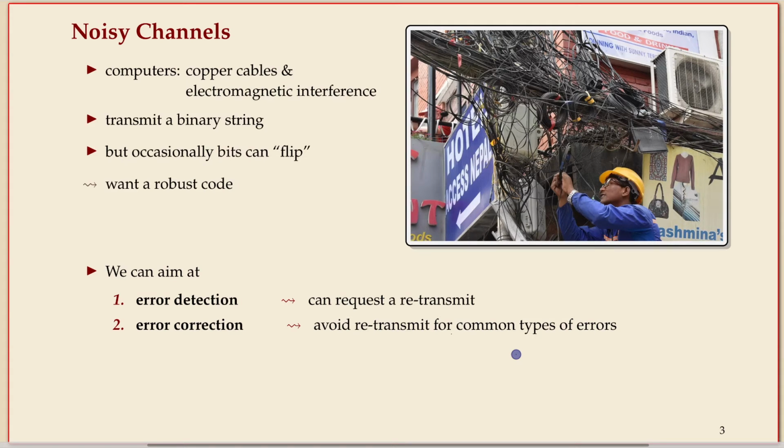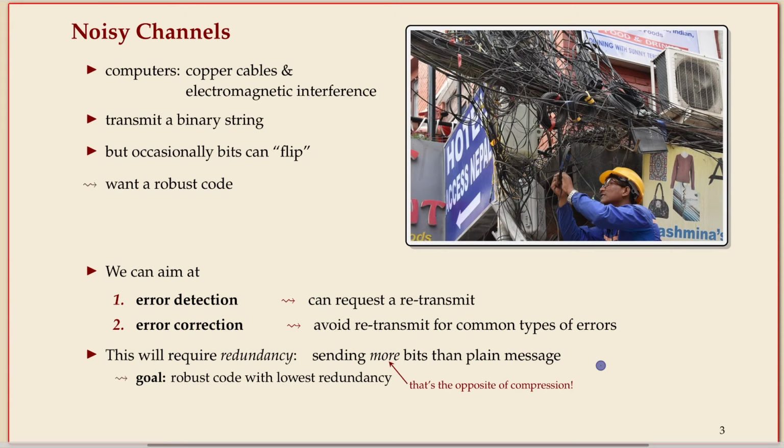If you send something into outer space and it sends messages back to Earth, telling that thing to just send it again might not even be possible because you can't reach it. It's only a one-way communication channel. So both are equally important. Depends on the scenario if detection is good enough.